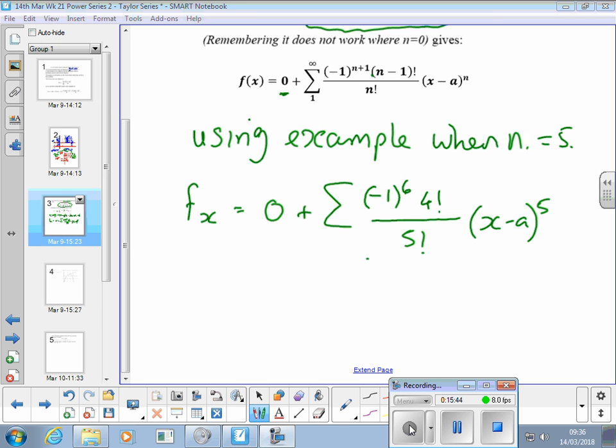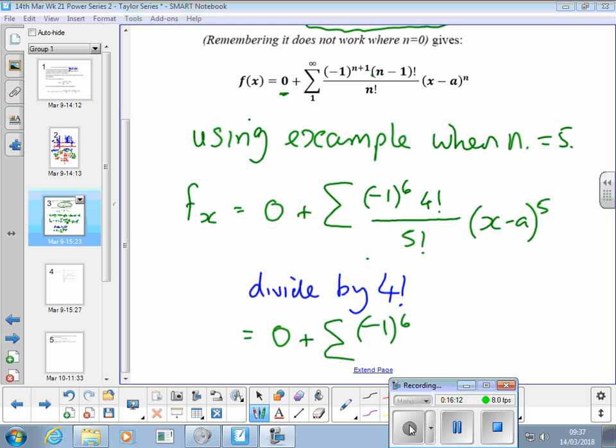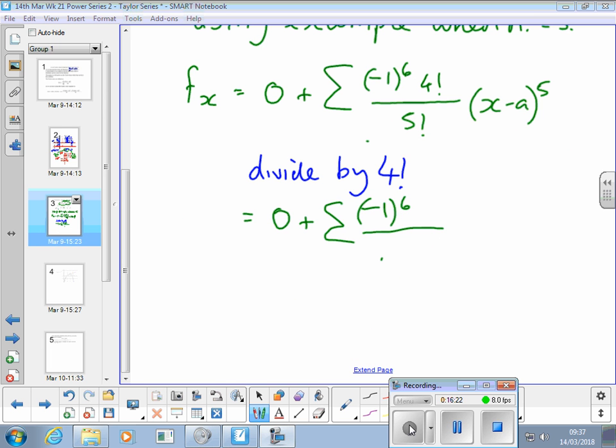Now if we divide through by 4 factorial, we then get 0 plus minus 1 to the power of 6. Dividing 5 factorial by 4 factorial, what are we left with?